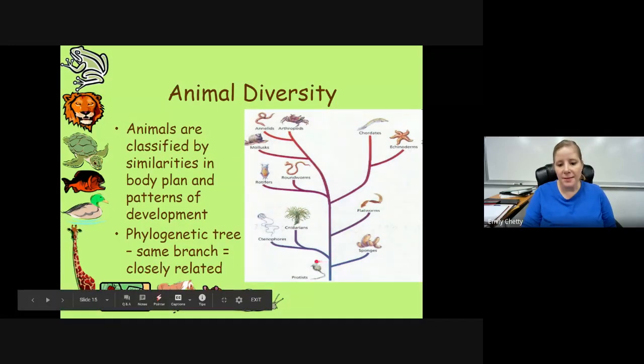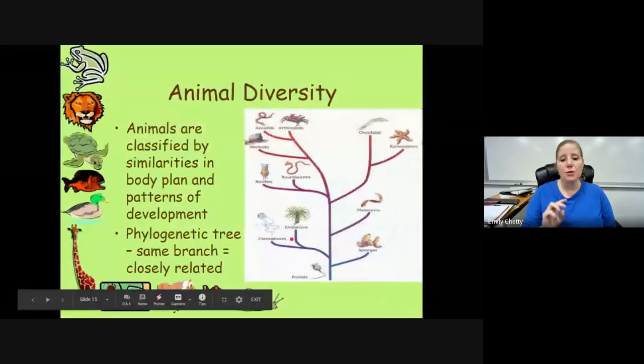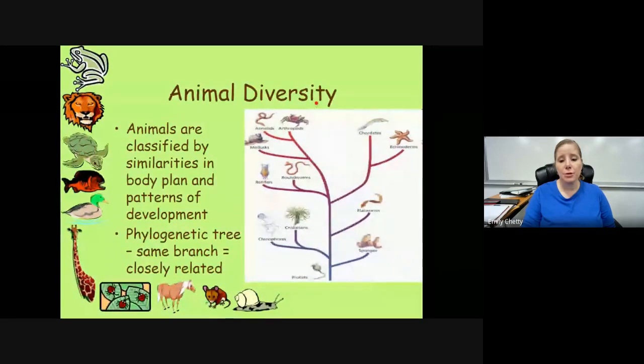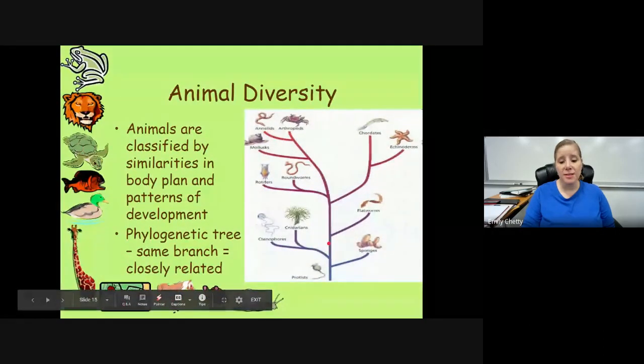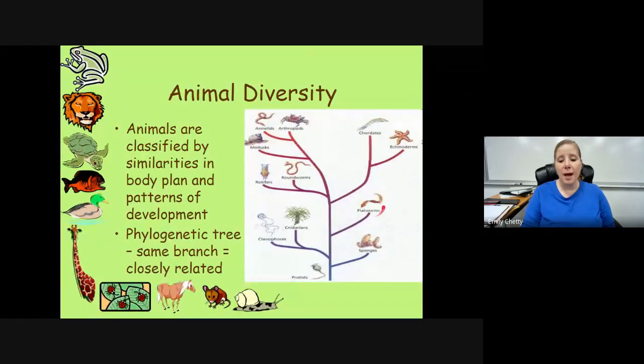Everything above this line has some sort of symmetry and true tissues. Cnidarians and ctenophores have two true tissues and radial symmetry. Everything above them has three true tissues and bilateral symmetry. Flatworms have three true tissues but no body cavity, so they are acoelomates. Your rotifers and roundworms are pseudocoelomates, and everything else has the true body cavity of coelomates.